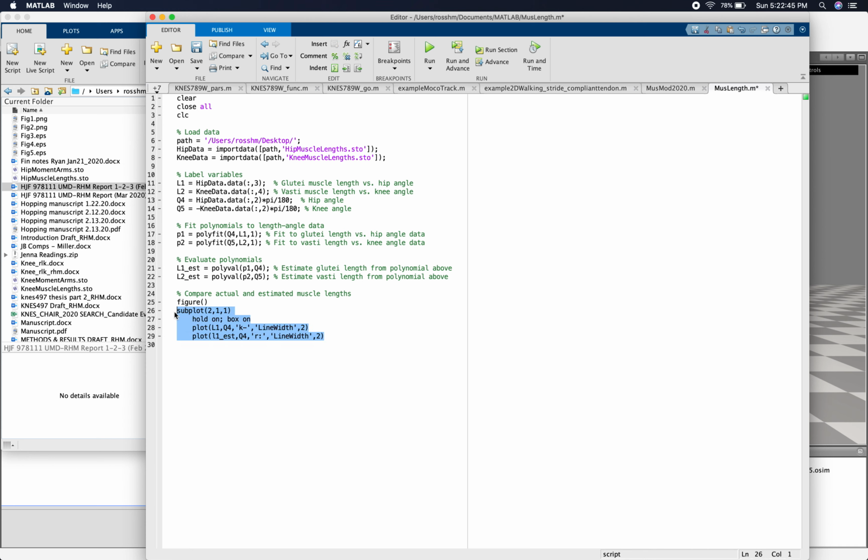And I'll do that for both of my muscles here. And looks like I forgot a capital. And then let's stick a legend on this first one, and give it some labels. Hip angle.